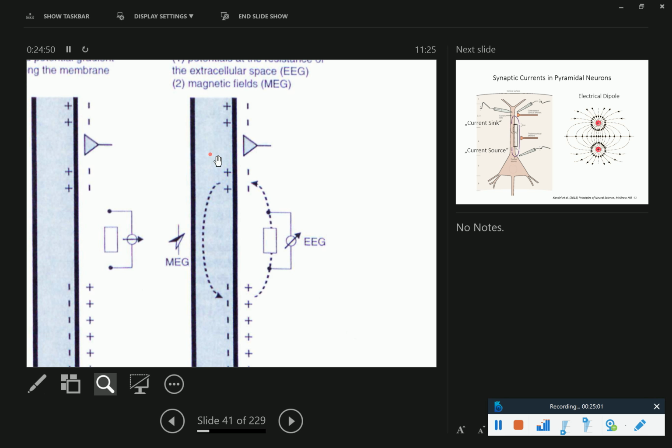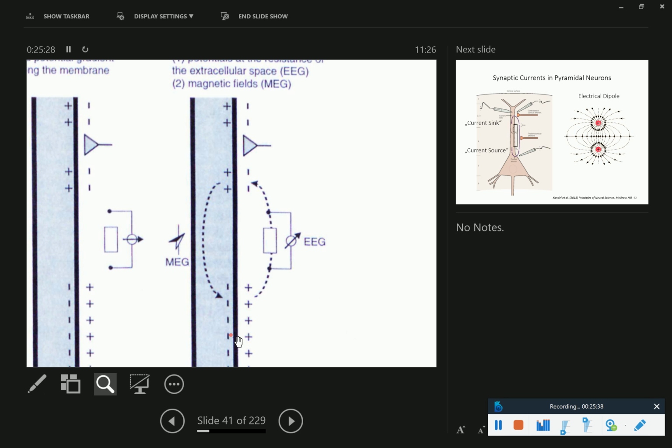Somehow there is movement in the outside towards this side, and there's movement of corresponding charge inside. It doesn't necessarily mean that here you have to have an open synapse, not at all. It just means that you have current that basically tries to undo the change in potential here, and you have inside current that then tries to undo the local change here.